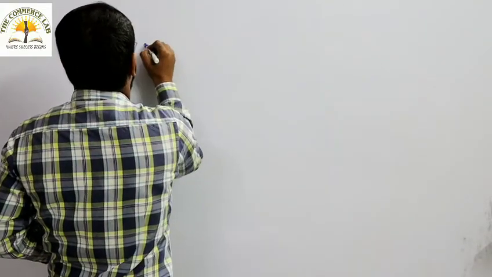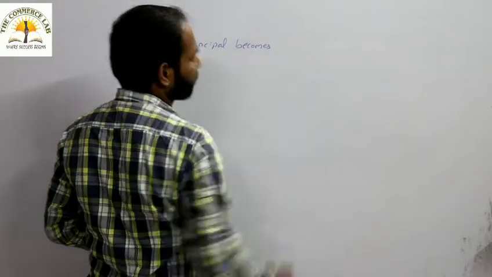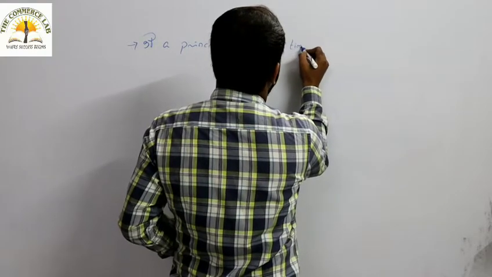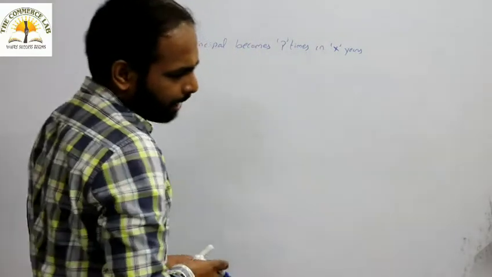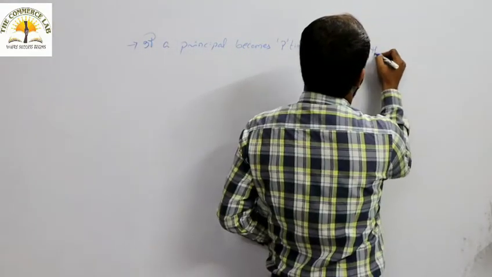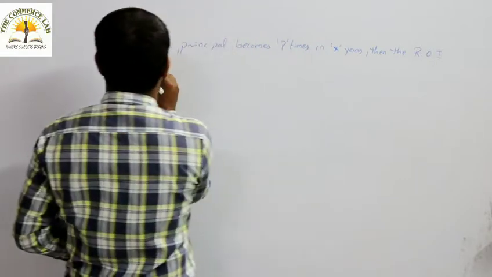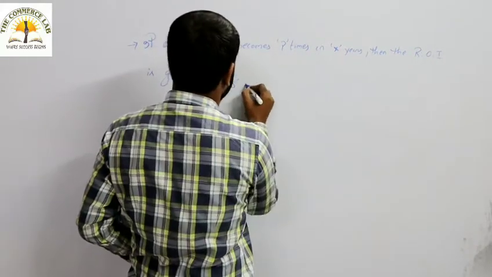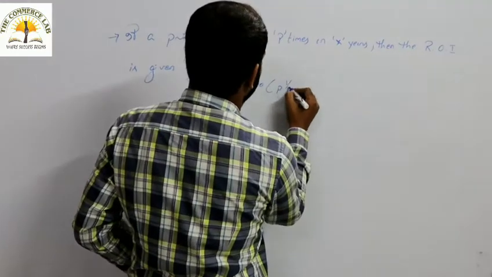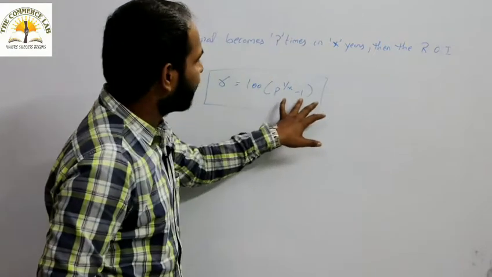Then come for another property. If a principal becomes P times in X years, then the rate of interest is given by R equal to 100 into (P to the power 1 by X minus 1).